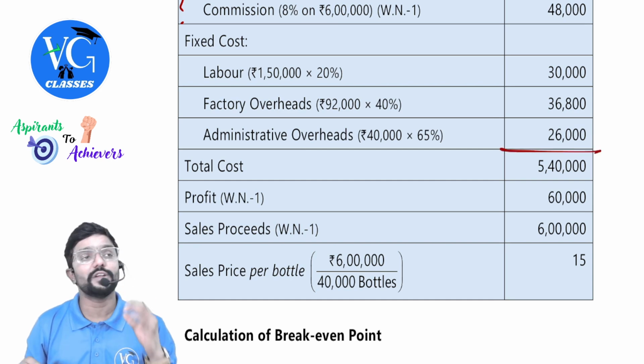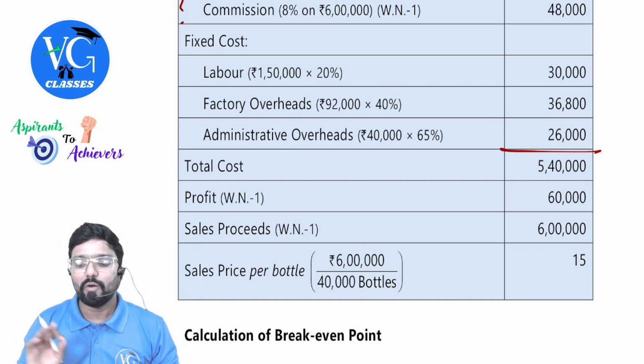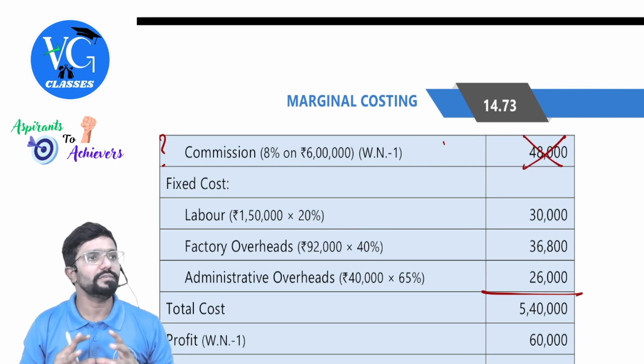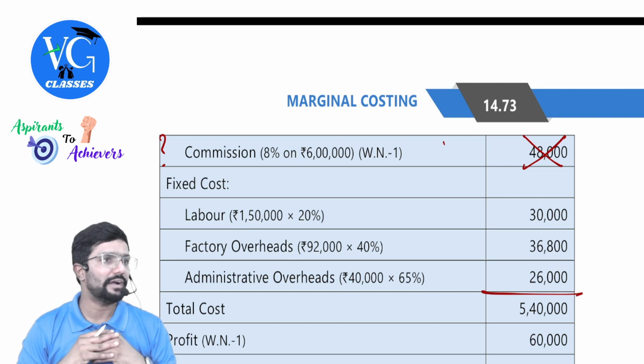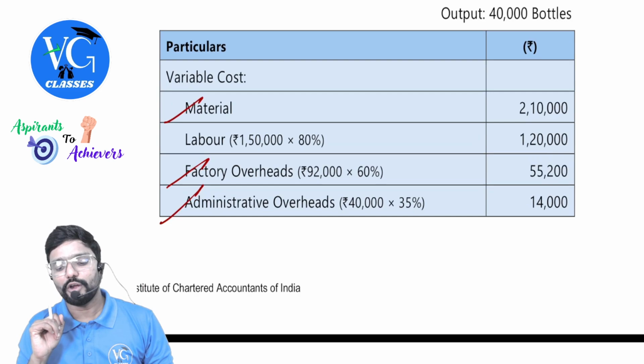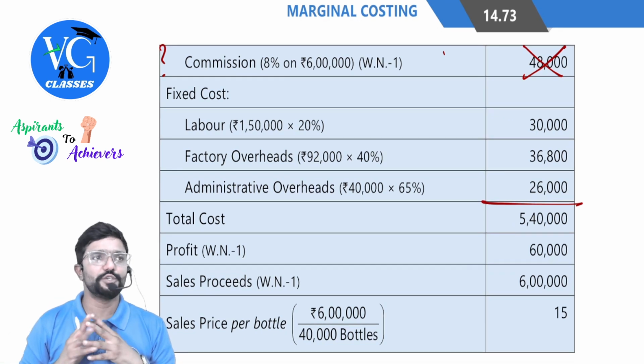Guys, total cost you will not have it. Clear? Here it is written, but you will not have it. Except this, all others we will have. Total up except that. Don't write it, but just do it.